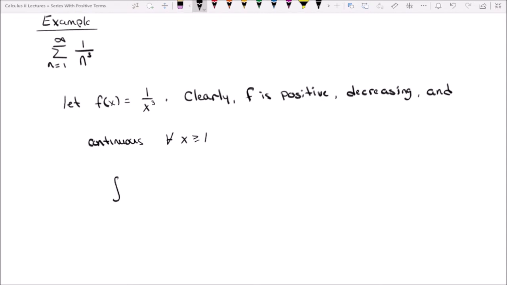Now take a look at the integral from 1 to infinity of dx over x cubed. Well, this converges, right? Because this is a p integral with p equal to 3.